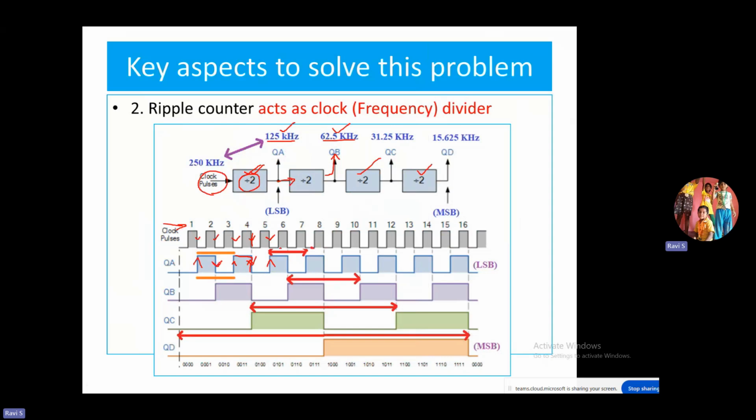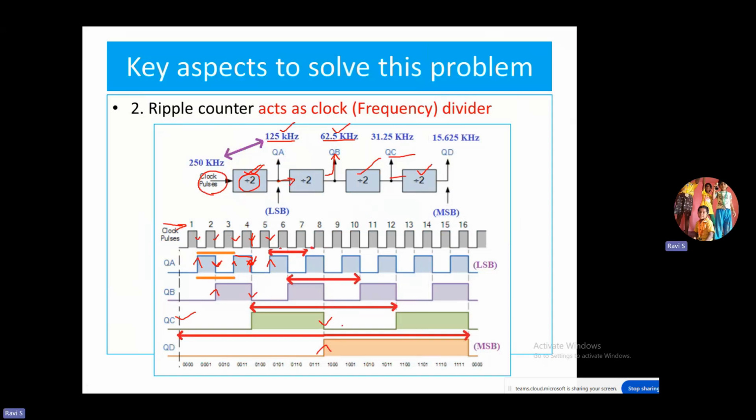Similarly, the negative edge of QA toggles QB. So every time the negative edge of QA appears, QB changes from 0 to 1 or from 1 to 0. In that way, QB toggles. QB acts as clock input for QC, and QC acts as clock input for QD. In that way, every negative edge toggles or changes the state of the next stage.